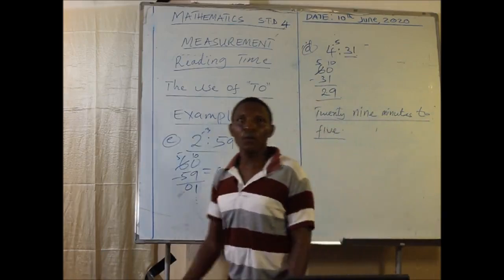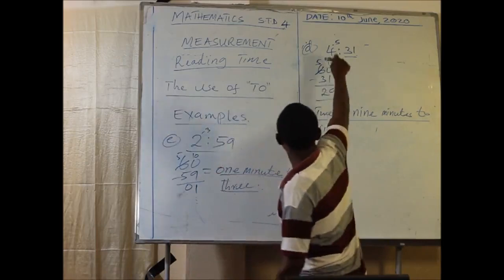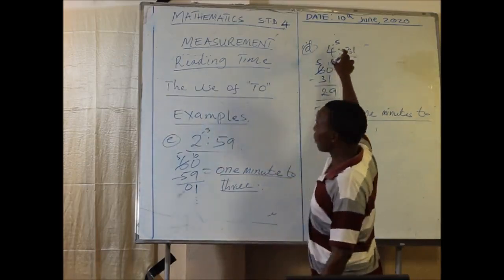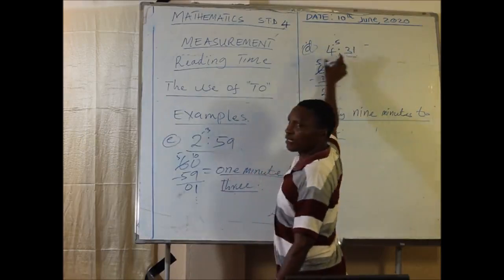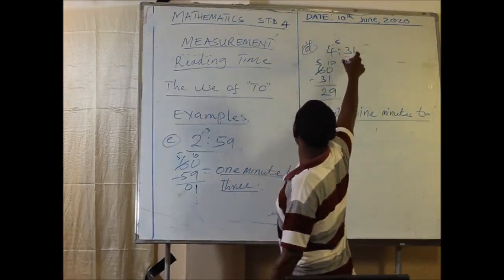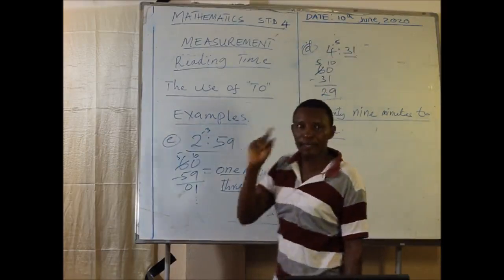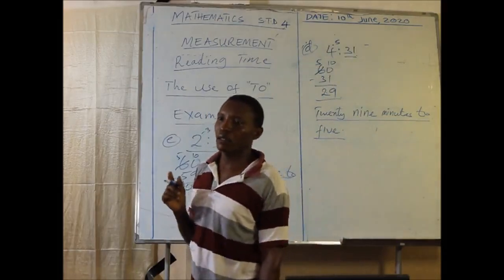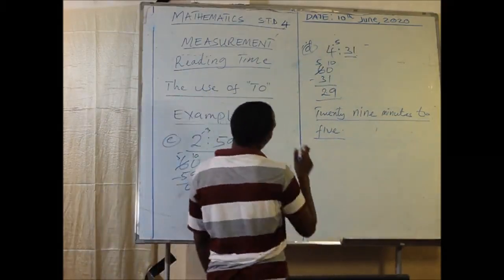That is how we can do. But I do this purposely because some pupils may be confused about why these minutes are not 30. As the teacher said, when it reaches 30 you use past. When there is even 1 minute more, you have to use to. That is the concept of the use of to.